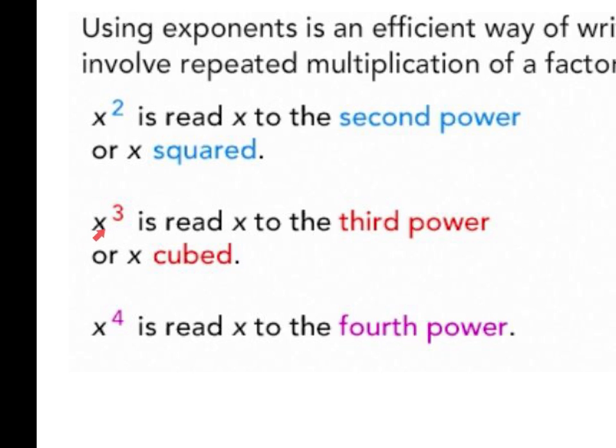Any number or variable raised to the 3rd power is either read x to the 3rd power or x cubed. When you get into numbers beyond that, you go to the number itself to read it. So, for example, a base x with exponent 4 is read x to the 4th power, and so on as you get larger.